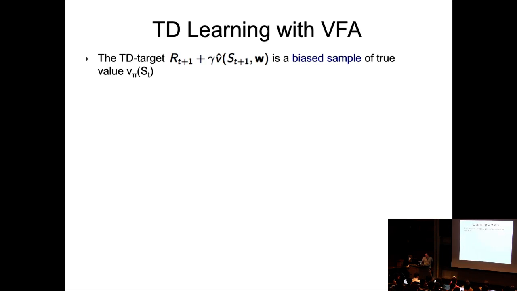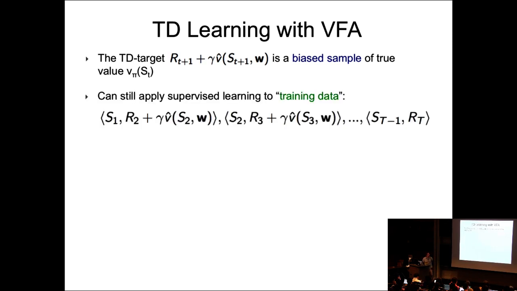Now, the TD target is a biased sample of the true value. Obviously, it's a biased one, but you can still construct a supervised learning problem from this training data. You have a state. You take an action according to your policy pi, you get the next state, and you just compute the reward plus your approximation of the value function at the next state.